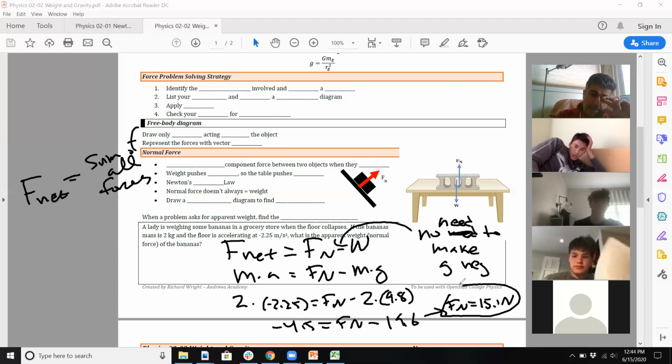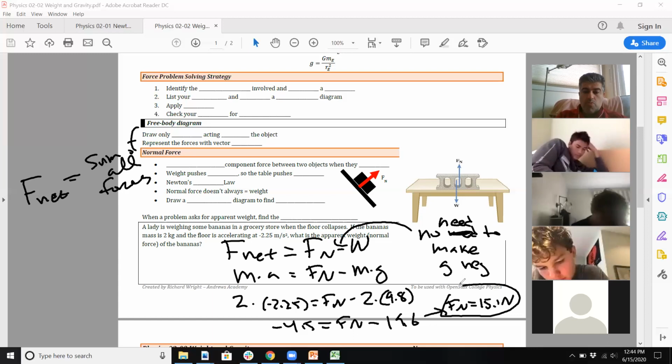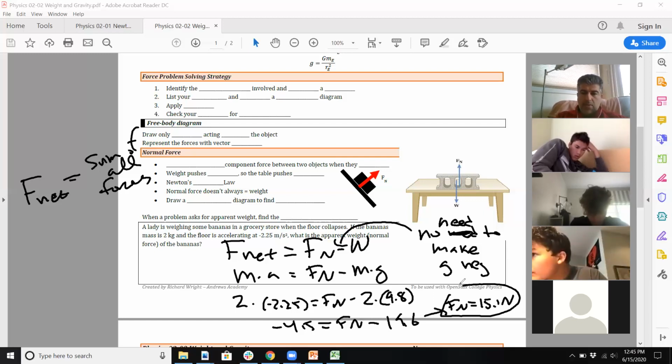And we would expect that to be the way the bananas were before the floor fell down. So again, you're just taking the information given to you. F net is ma, weight is just mass times gravity, and we're solving for normal force in this case.